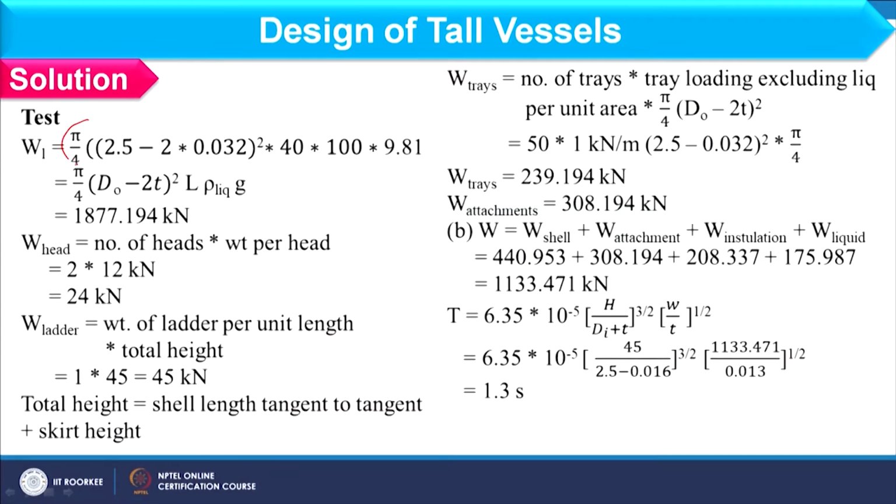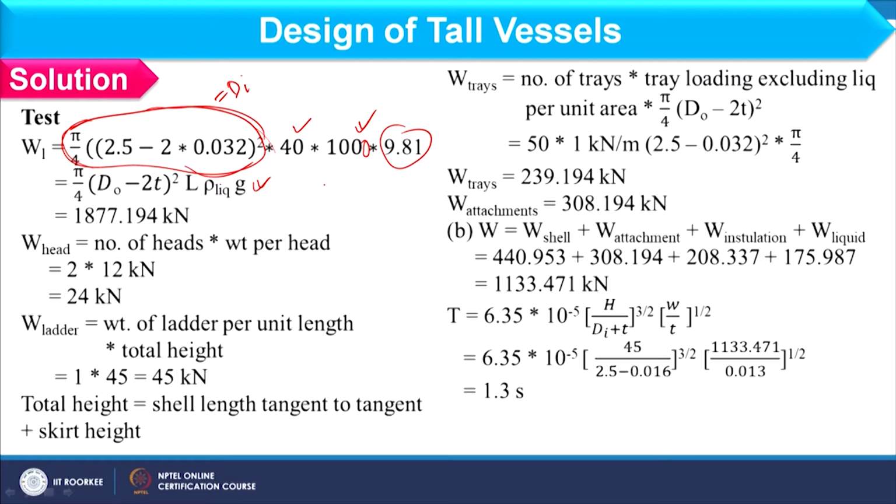So, here I am having the cross sectional area of the column, considering di into 40, 40 is the total length of the shell and rho is basically 1000 over here and 9.81 is the g value.